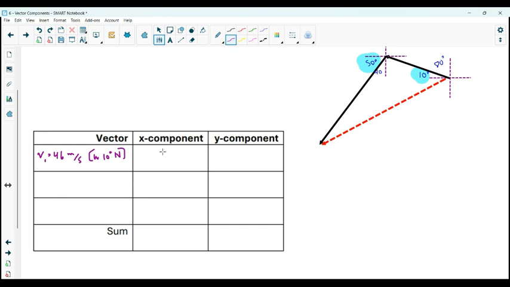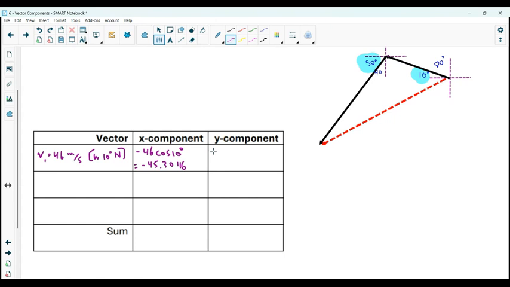Okay, now I notice, first of all, my x component is going to be negative because it's headed left, right? So I got to put a negative value in here. And I'll say negative 46 cosine 10 degrees. What's that work out to? That's going to be negative 45.30116. Okay, there we go.